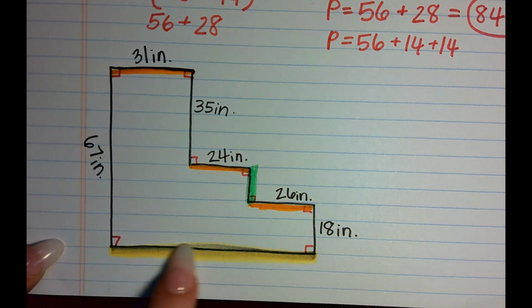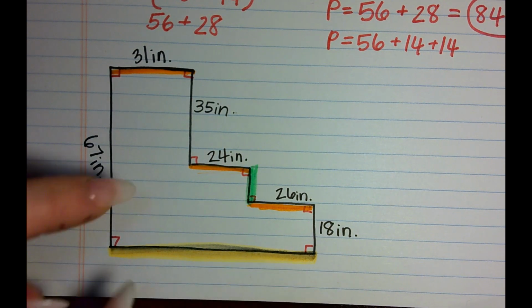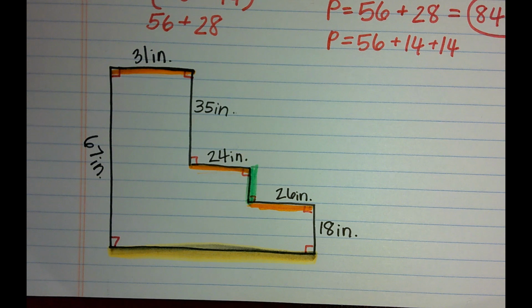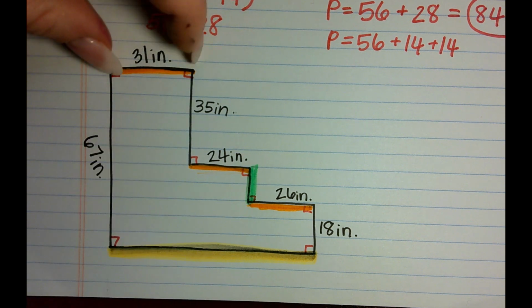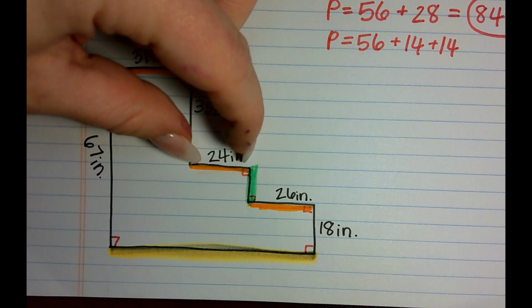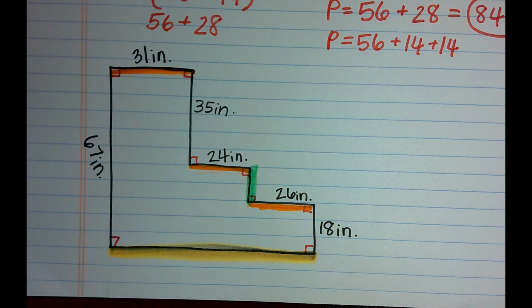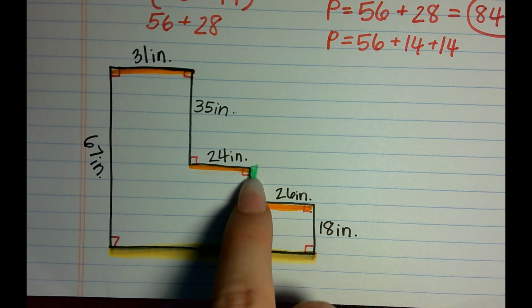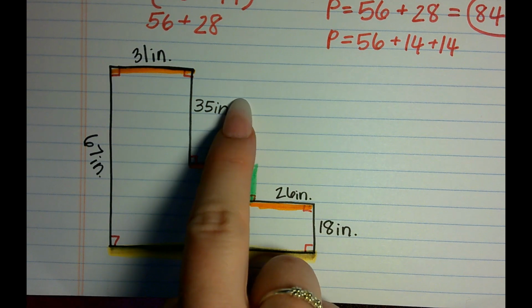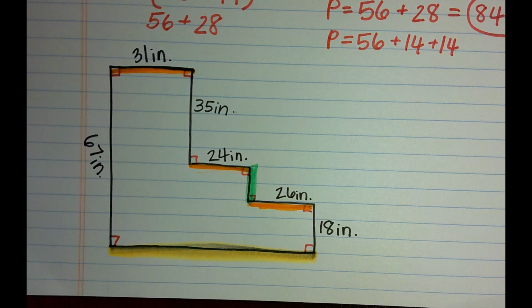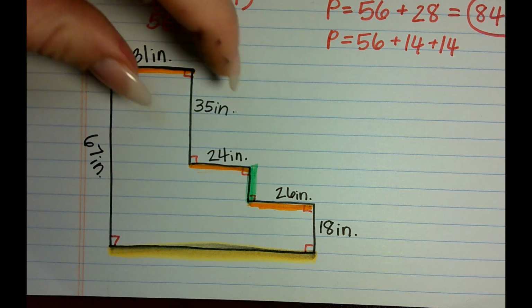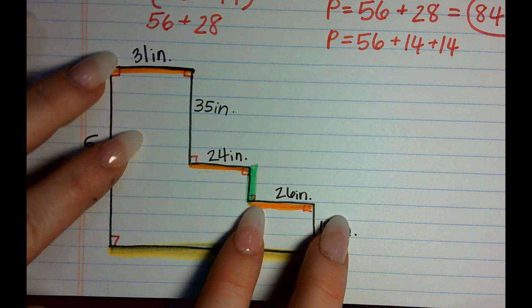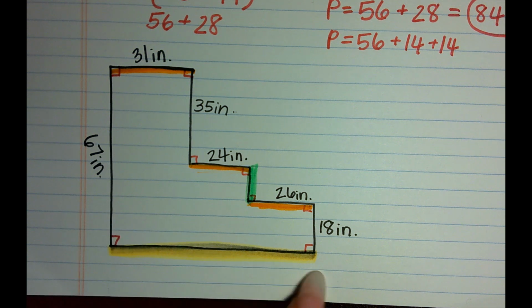I'm looking at what's parallel to what. Like this green one goes up and down. So does this one. So does this one. So does 67. We're looking at which sides can line up with each other to help us figure out this one.